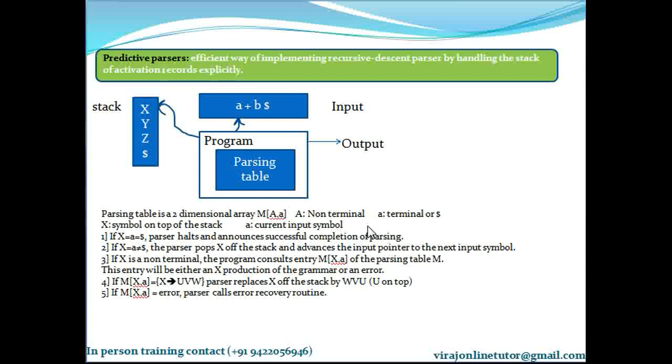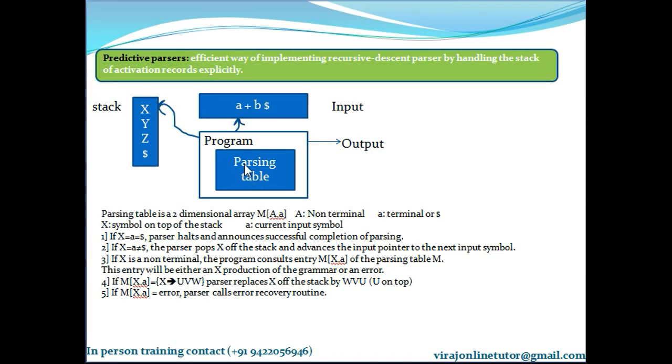So I will explain to you all how the predictive parsers work as far as the parsing goes. There is one stack maintained, on which initially, when the parsing is started, we place the starting symbol of the grammar along with a dollar. Dollar is placed at the start, followed by the starting symbol, and I have an input string over here.